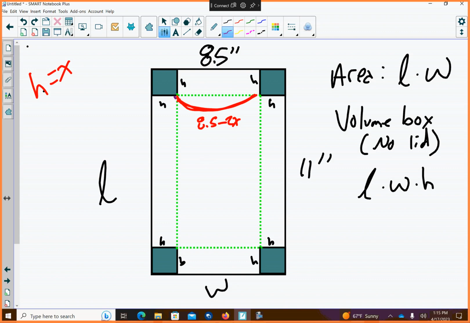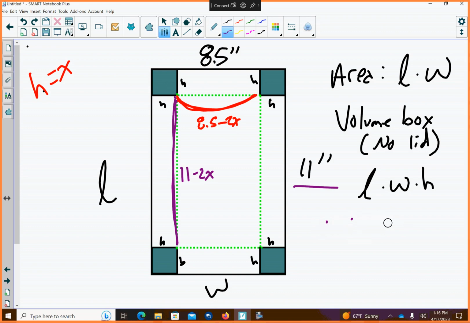What would this distance here be if I utilized my problem as well? Are we using 11 minus 2x? 11 minus 2x.